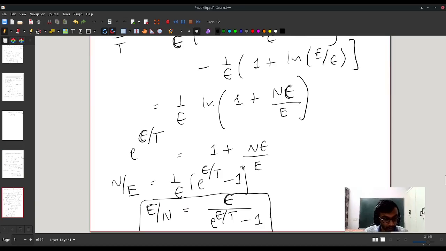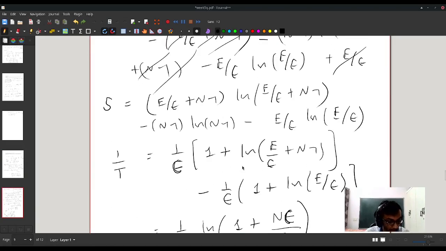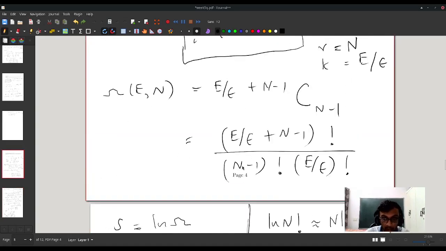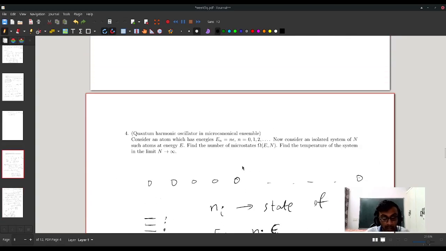This is actually the first example in this set of problems where we counted a discrete set of states.